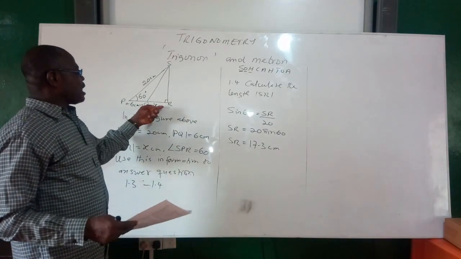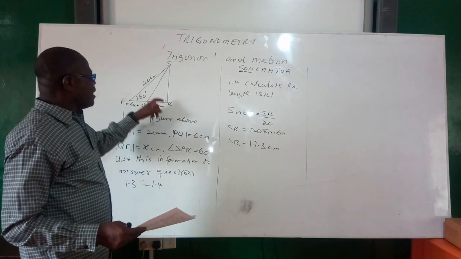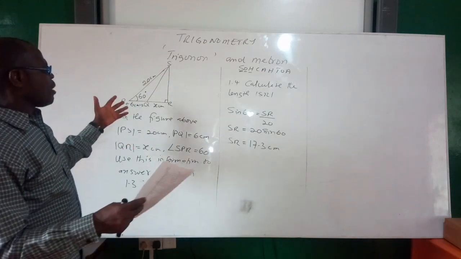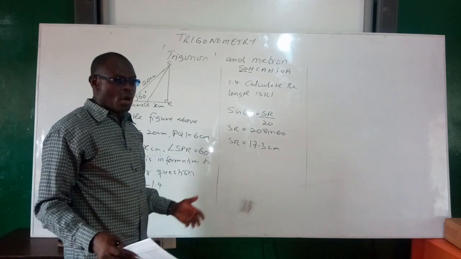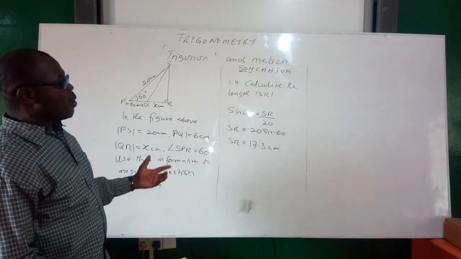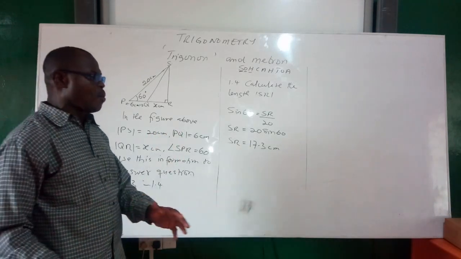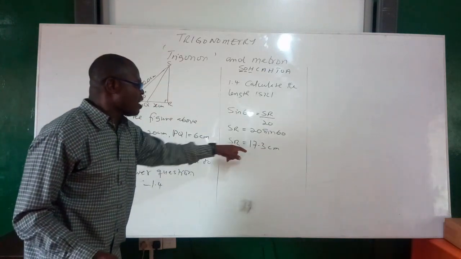We could have found SR a different way. We calculated x, which is 4, and we also know the hypotenuse. Whilst we are dealing with a right angle triangle, we could have also used Pythagoras theorem, which would have given us the same answer. Pythagoras theorem, we started learning from our early stages, and we want to be sure it will also give us the same thing.